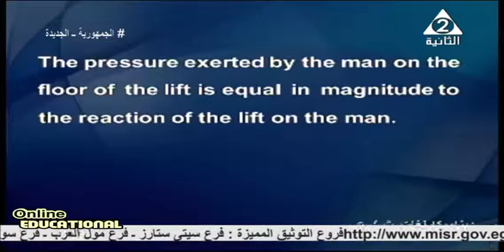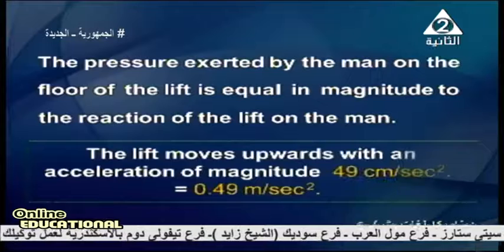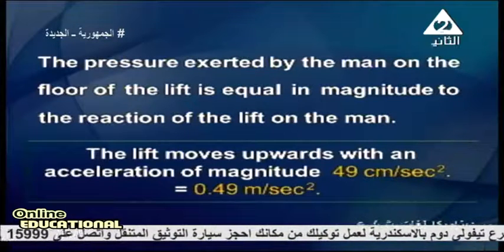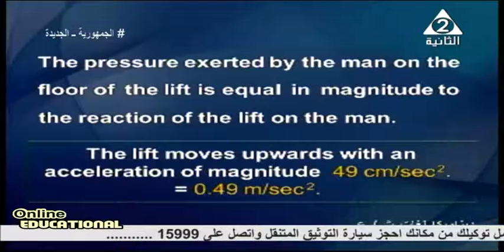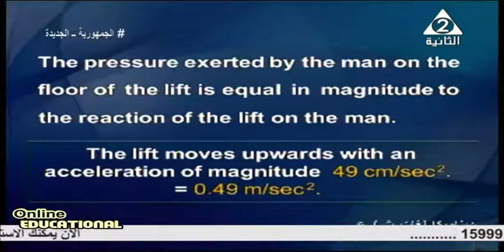Now, the pressure exerted by the man on the floor of the lift is equal in magnitude to the reaction of the lift on the man. The lift moves upward with an acceleration of magnitude 49 cm per second squared, or 0.49 meter per second squared.